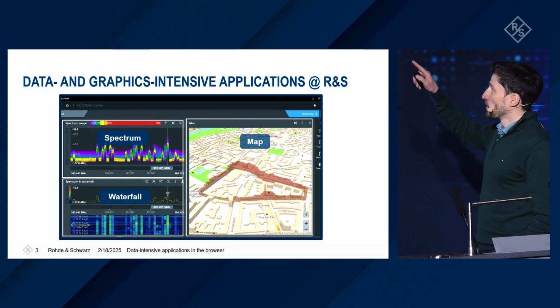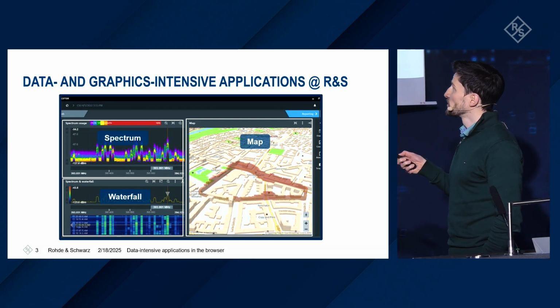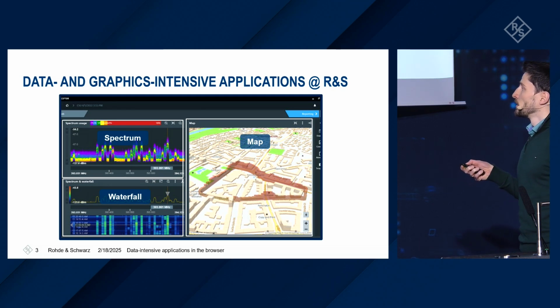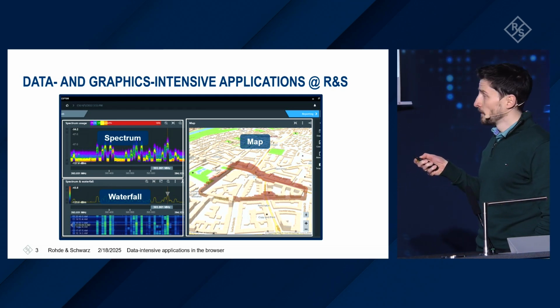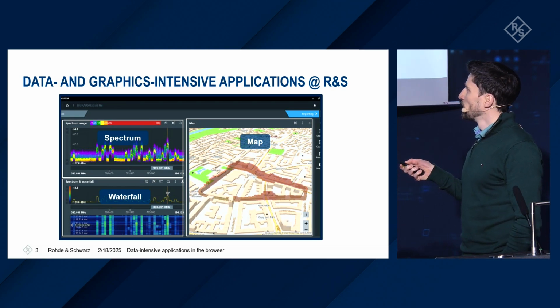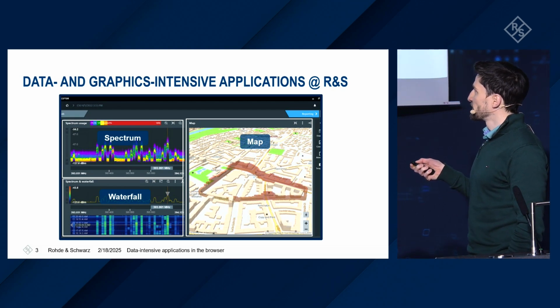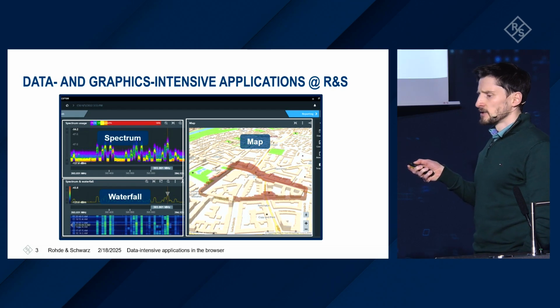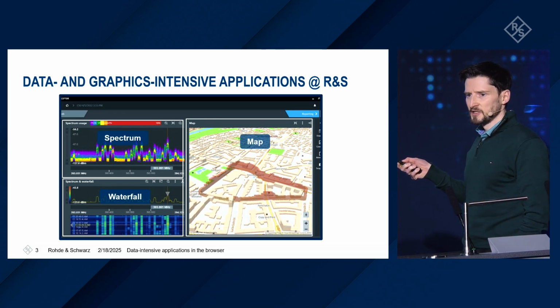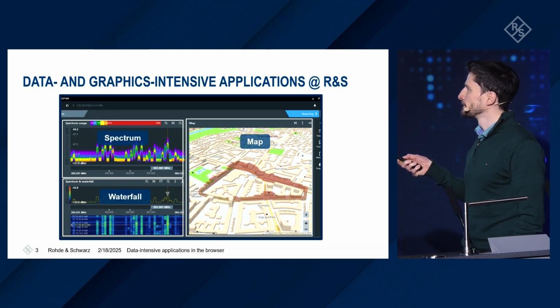So for example, on the top of the user interface, you see the spectrum display, and on the bottom, you see what's called the waterfall control. And for example, with the waterfall control, you have on the x-axis specified the frequency, which you want to observe, and on the y-axis, it's basically the time. So you can observe a specific signal on a specific frequency or on different frequencies over the time.